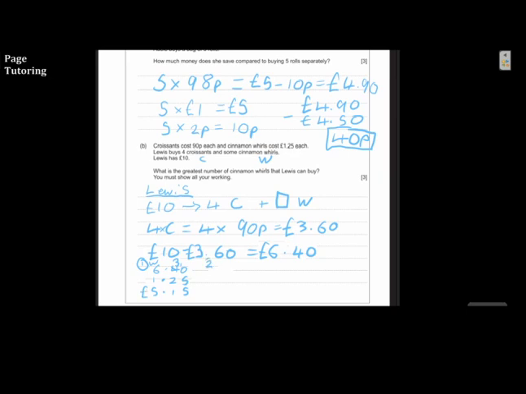We're going to do our second lot, so now we've got £5.15. I'm taking away 1, 2, 5. So that would give us £3.90.